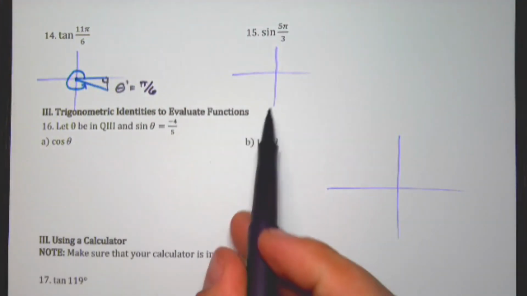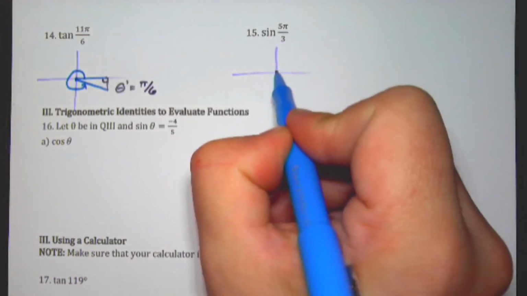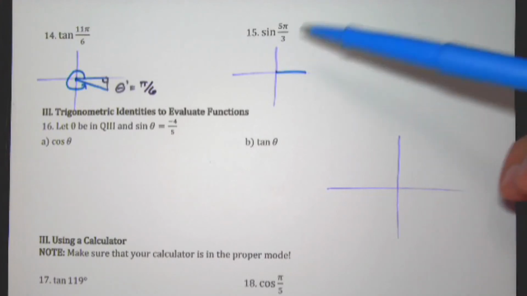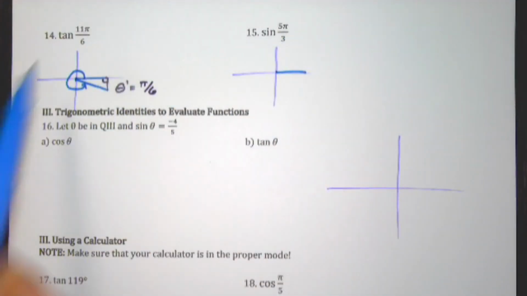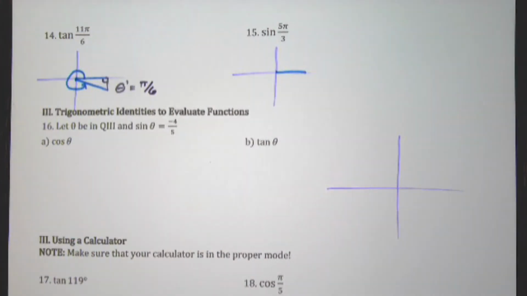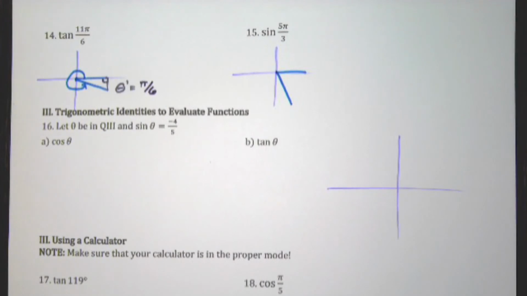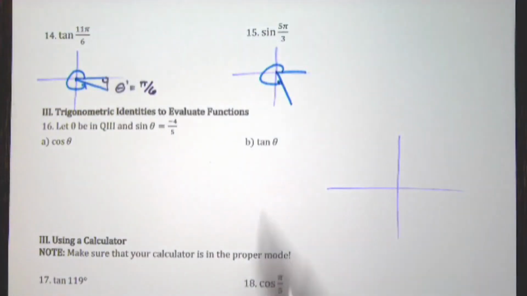Now I'm going to scoot over to 15 and do its reference angle at the same time. 5 pi over 3, very similar, right? Just like with number 14, we're missing that extra little sixth to get that full rotation. So this also lands us in quadrant 4. So there's our entire theta.